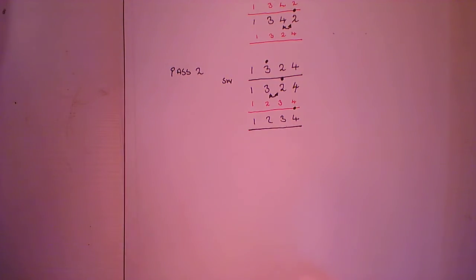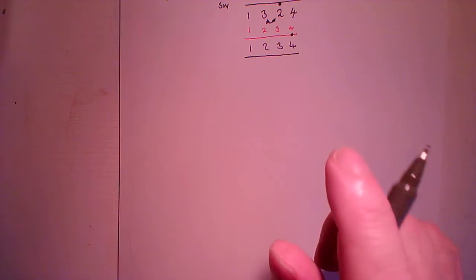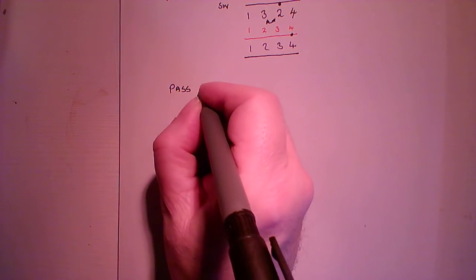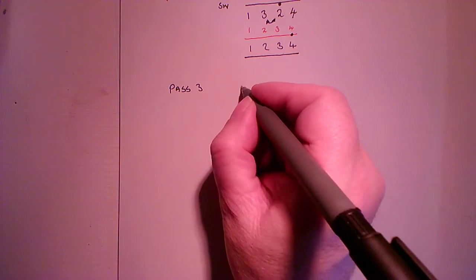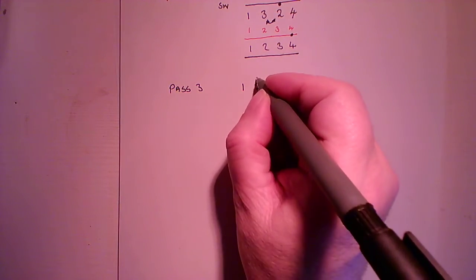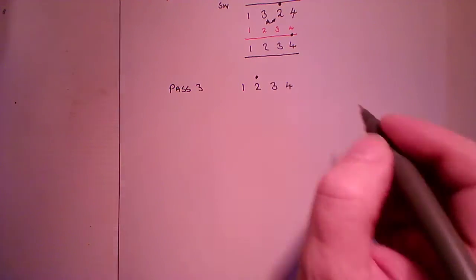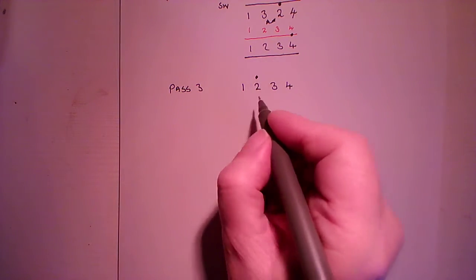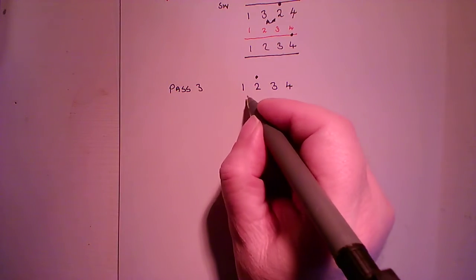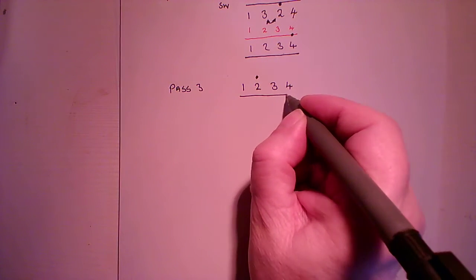So what I'm going to have to do now is have a third pass. So I'm going to go on to pass 3 and write down my numbers 1, 2, 3, 4, and put the dot on top of the 2. So I'm going to check these two. 2 is not less than 1, so I'm not going to swap them over. That's the end of that.